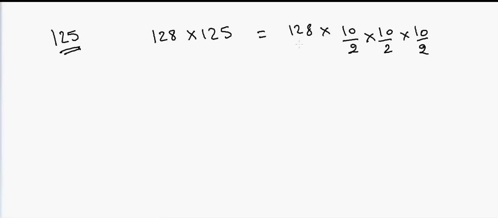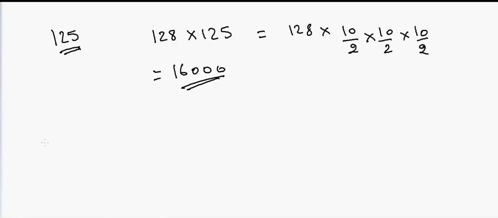If we divide 128 by 2, that is 64, and half of 64 is 32, and half of 32 is 16. So the answer will be equal to 1600 and one more zero. This trick may not be very convenient a lot of times, because dividing something by 8 is not very easy sometimes, but it could be handy at certain times.